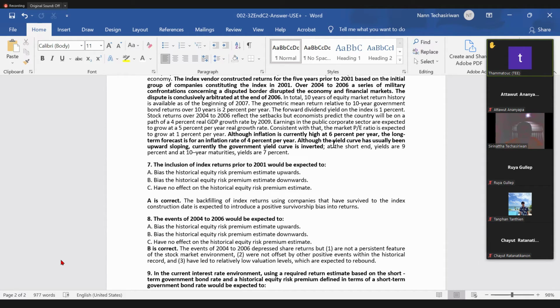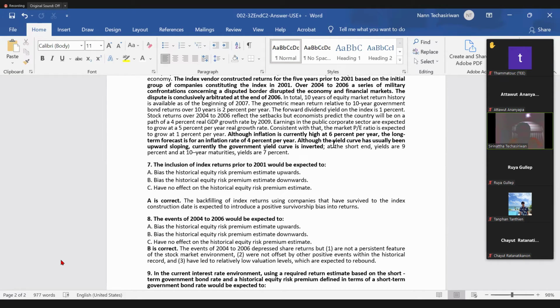Normally the yield curve looks like it is growing from the bottom left to the top right, because the short term has lower yield and the longer term has higher yield. But for the inverted yield curve, it is the opposite. The long-term bond has a lower yield than the short-term bond.